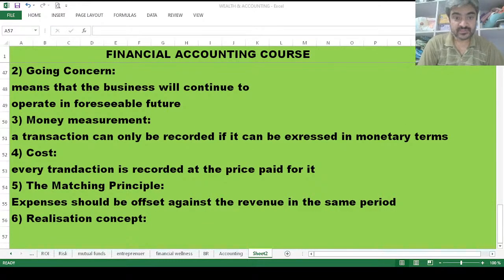According to this realization concept, revenue should be recognized at the time when the goods are sold or services are rendered. Sale is considered to be made at the point when the property in goods passes to the buyer and he becomes legally liable to pay.